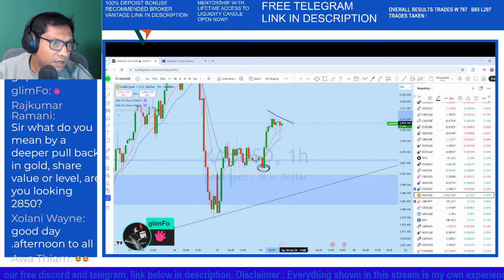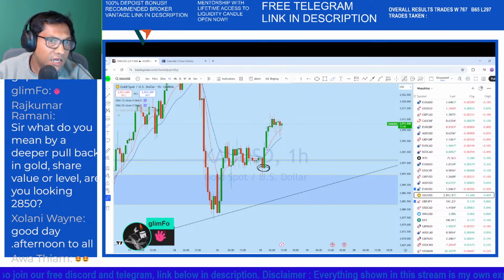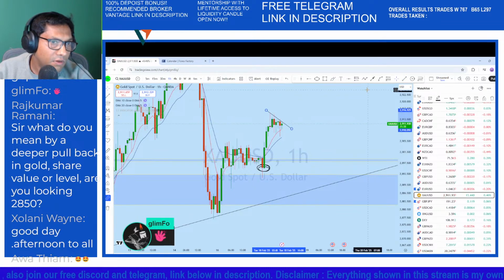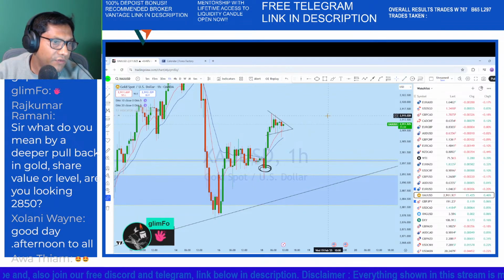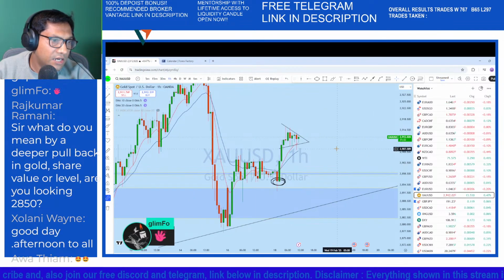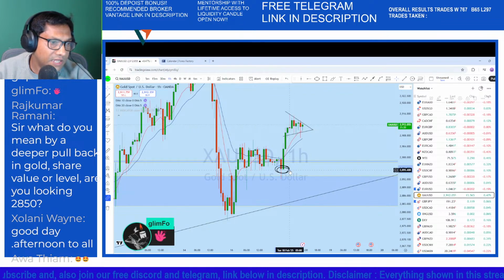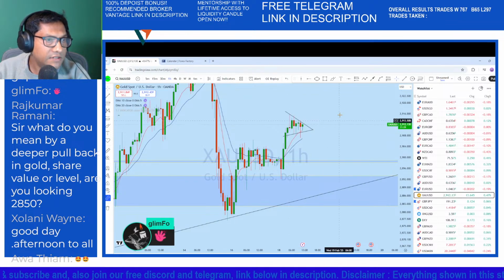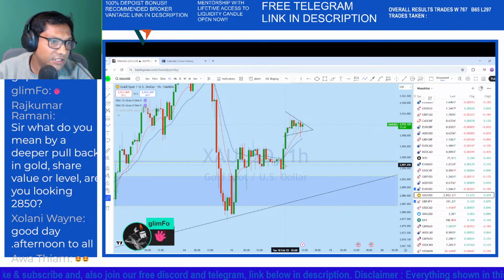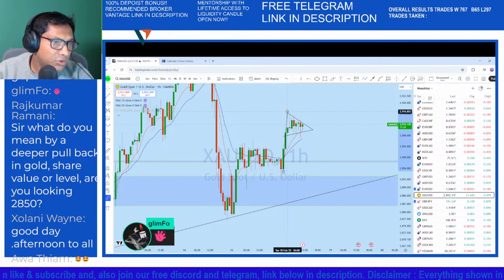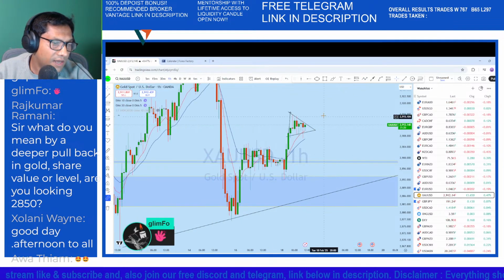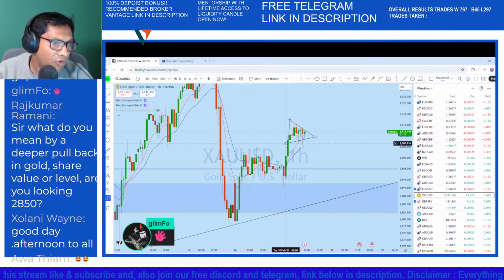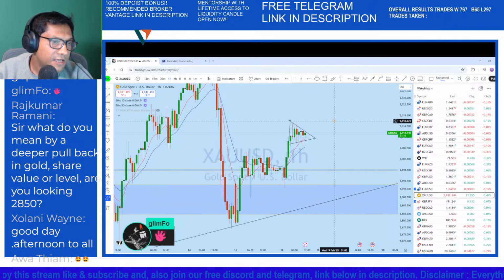And with that consolidation and sideways market, this is a triangular pattern here. Okay, so with that triangular pattern, if you guys look at it, you can see this is a triangular pattern here from this level. And as this market bounces back up from here, it's a pretty organized triangle that has formed here on XAUUSD.